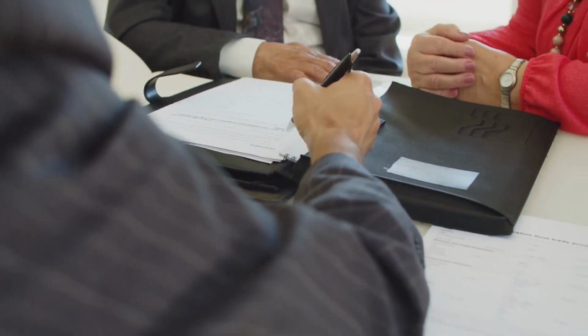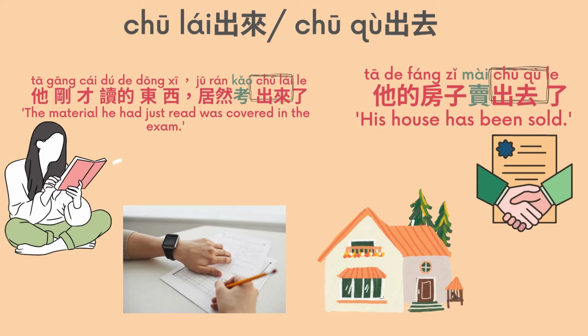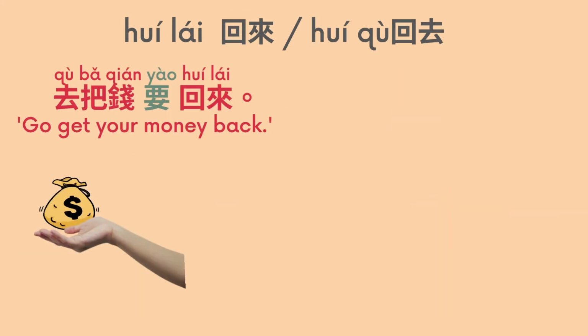His house has been sold. 卖 is the character that comes before 出去. 卖 is a verb that means to sell, and when combined with the compound direction complement 出去, it means to be sold. When the speaker says 卖出去了, he means that the house has been sold to the other party from his side. The next two are 回来, 回去.